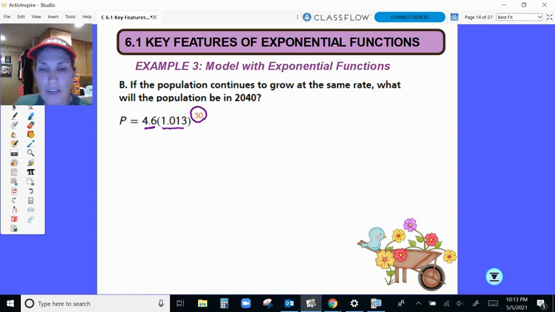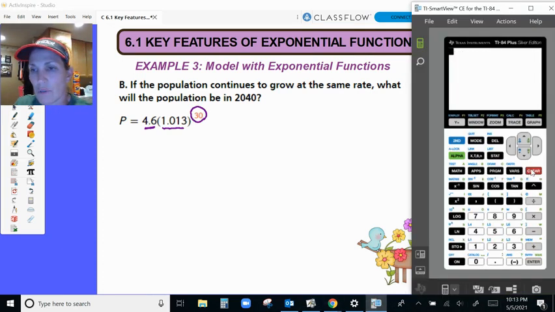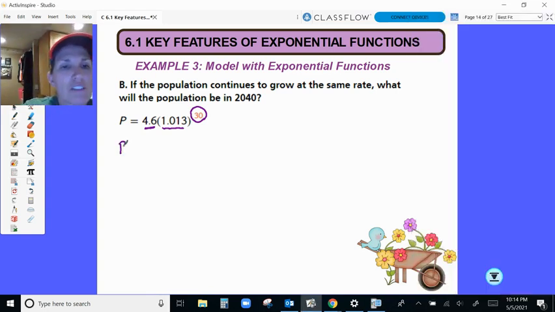Let me get my calculator: 4.6 times 1.013 to the 30th power gives us about 6.8 million. So approximately 6.8 million people in 2040.